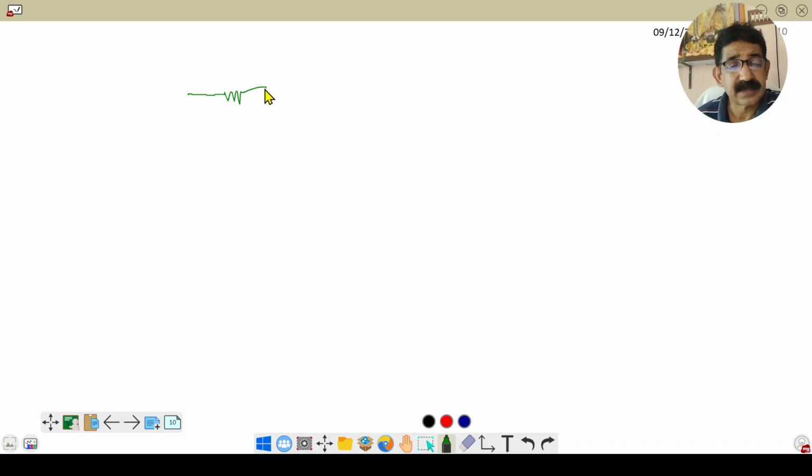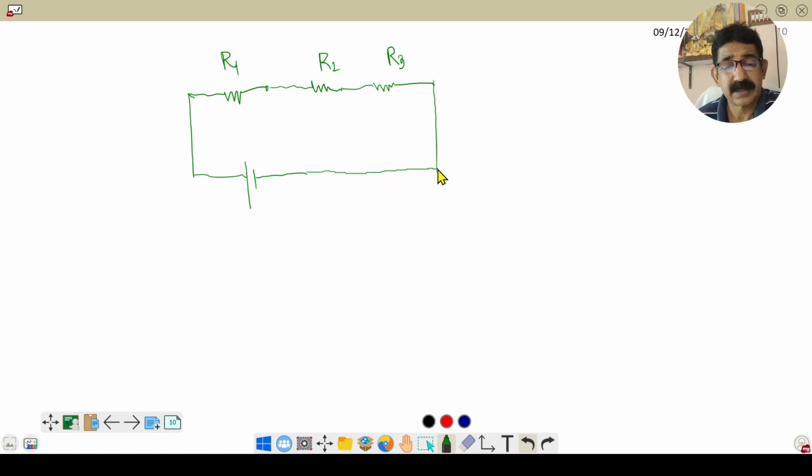Suppose there is a resistance R1, another resistance R2, and another resistance R3. These three resistances are connected in series in such a manner. This is the battery, and electric current will go. This current I will flow through resistance number 1, number 2, and number 3.